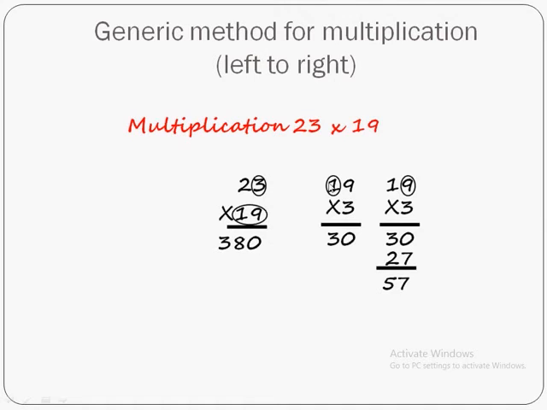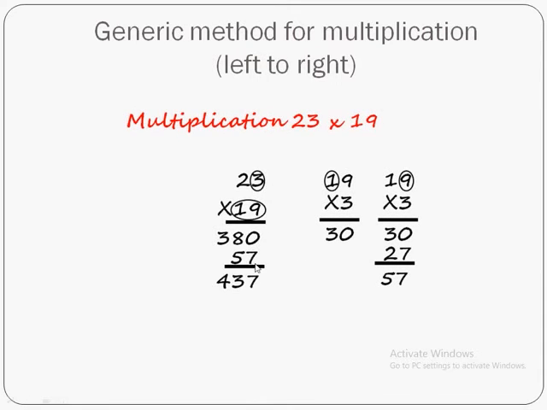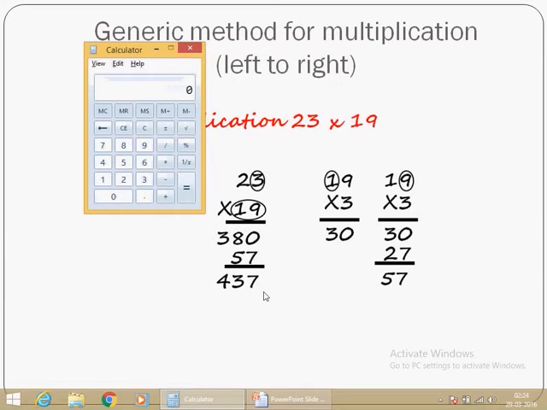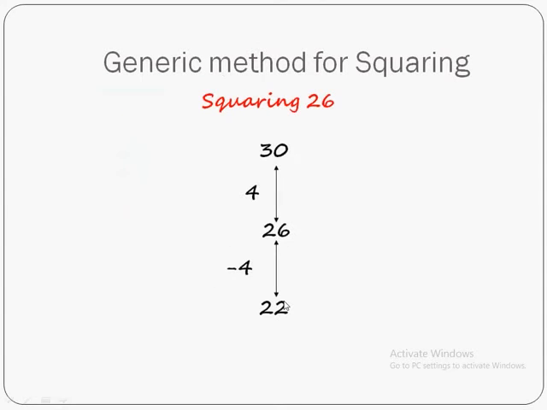First I will multiply 3 with 1, that is 3, and write 0 for the other number. Then I am multiplying 3 with 9, which will give me 27, and the output will be 57 if I add. So my output will be 380 plus 57, that is 437. And if I multiply and check it again, the output is 437. So with this method you can do it.